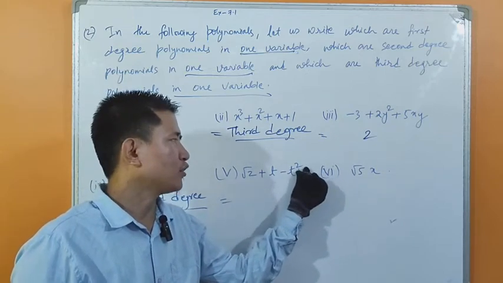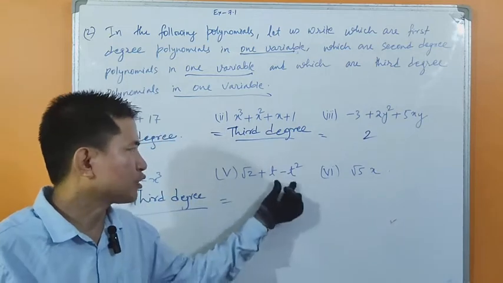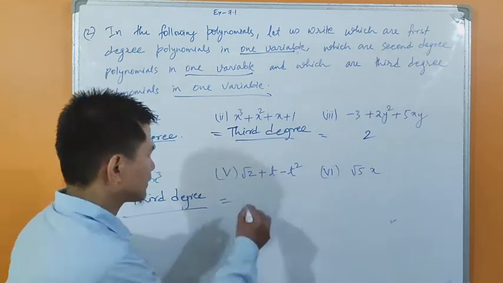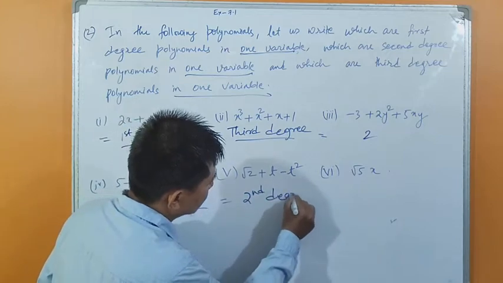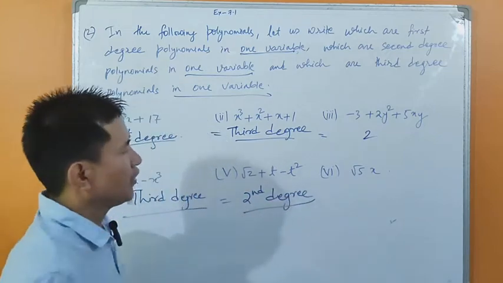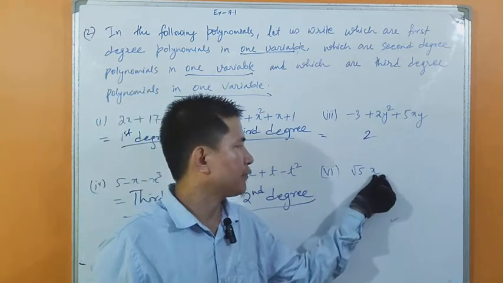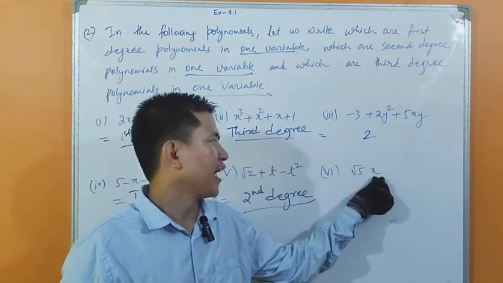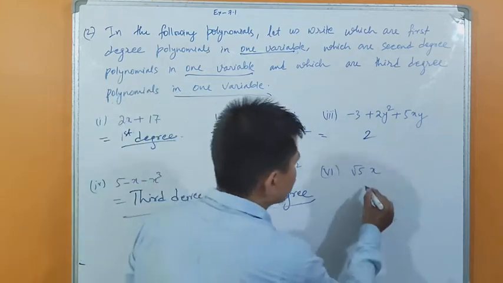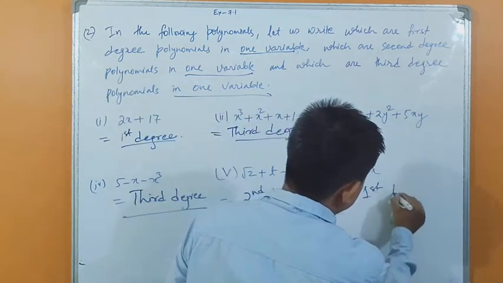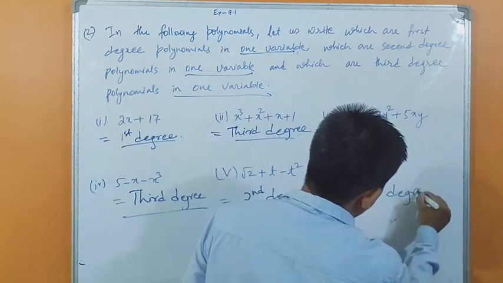So the degree of this polynomial is 2, and this is a second degree polynomial. Here we have only one variable, that is x, and the highest power of x is 1. So this is a first degree polynomial.